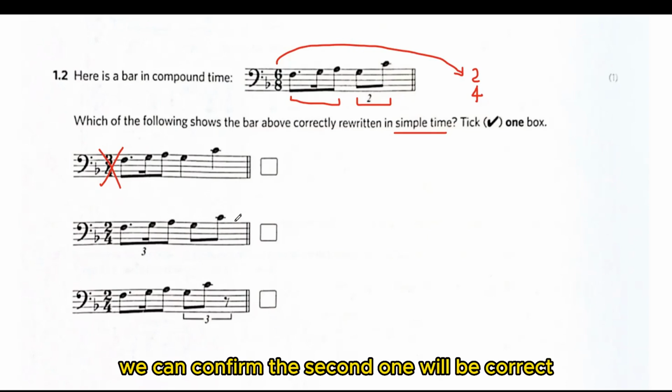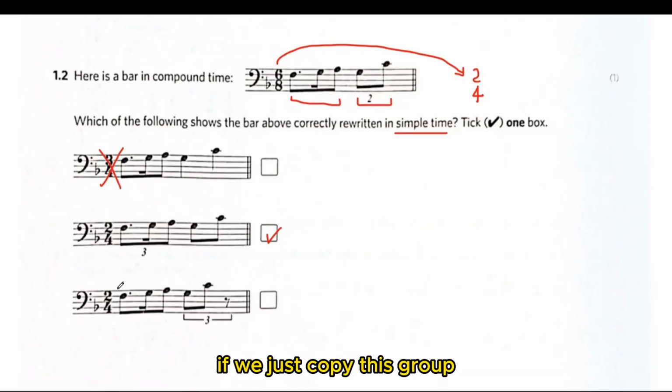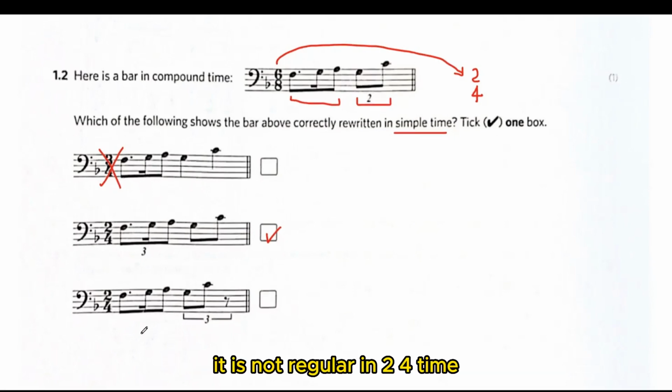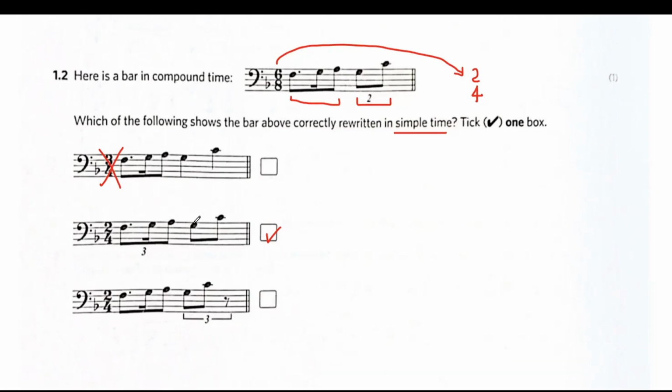So we can confirm the second one will be correct. We can also browse through 2/4 time. If we just copy this group, it is not regular in 2/4 time. And here, if we change it to triplet, this rhythm will not be even. So we confirm the second one will be the correct answer.